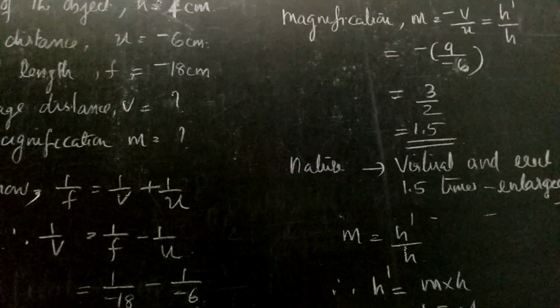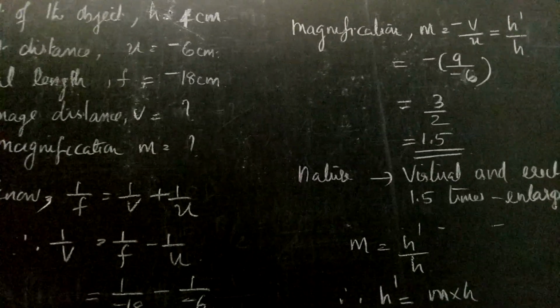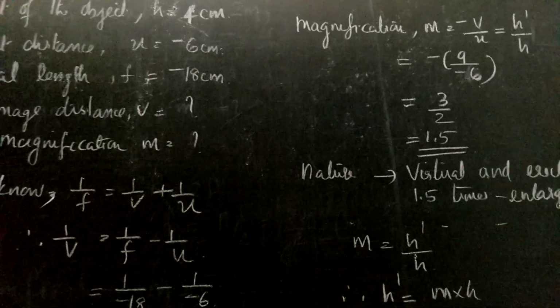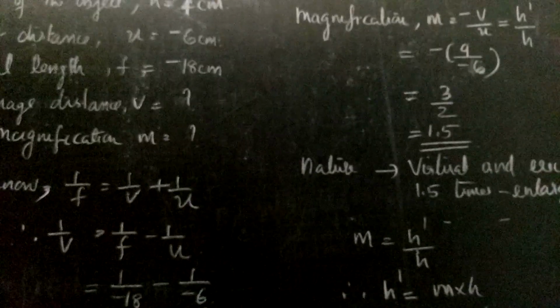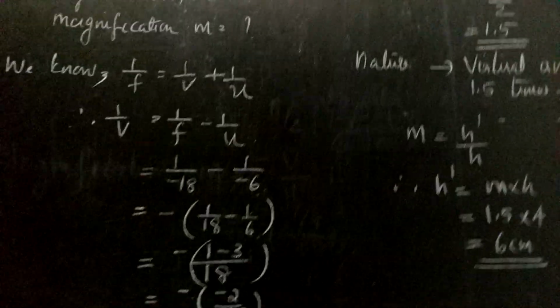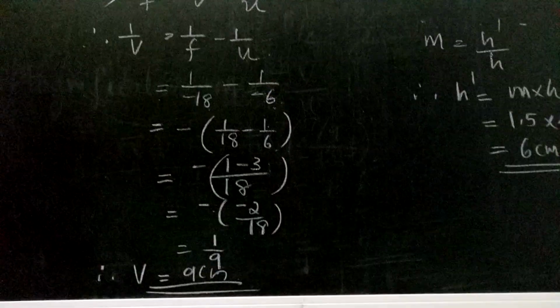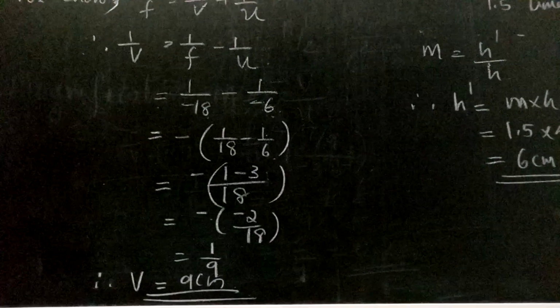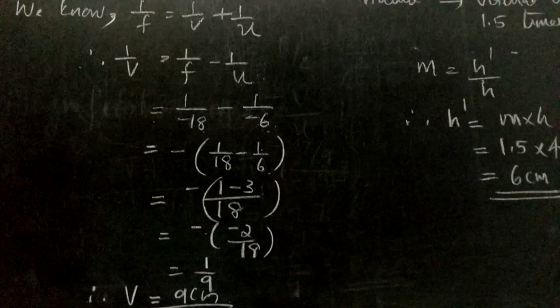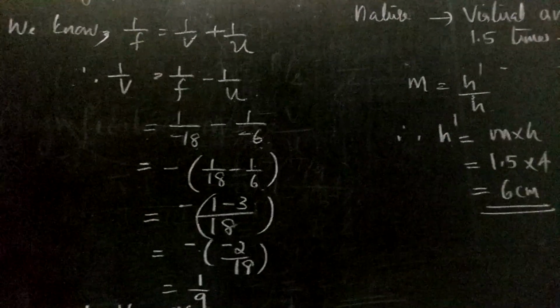So object position is between f and p, so image will form behind the mirror, that means positive, isn't it? Image distance we got 9 centimeter, shows positive, that means on the right side. Is it clear?